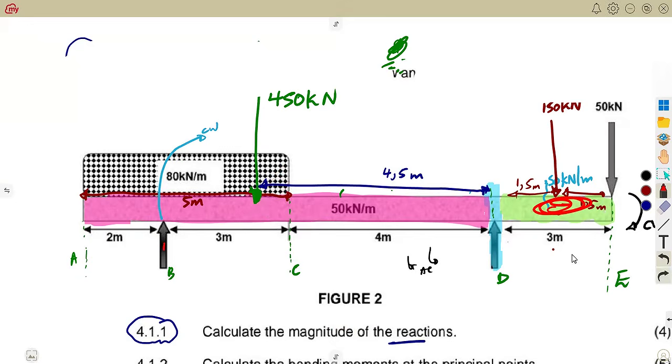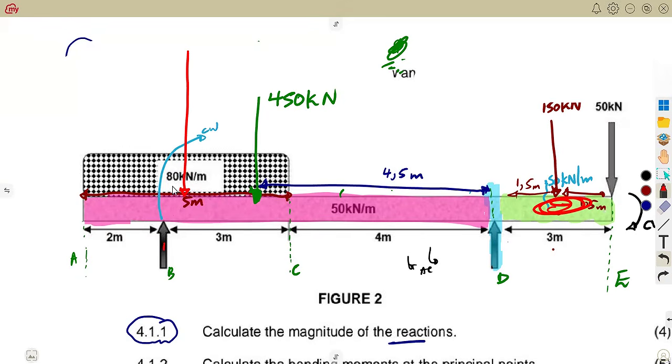The same thing about this 80 kilonewton here. 80 kilonewton is covering how many meters? It is covering 5 meters. So that's 80 times 5, which is 400. So it will be 400 kilonewton, covering 5 meters, remember?